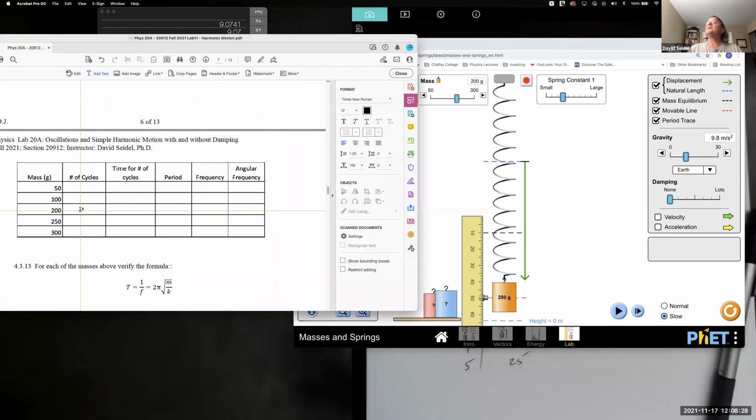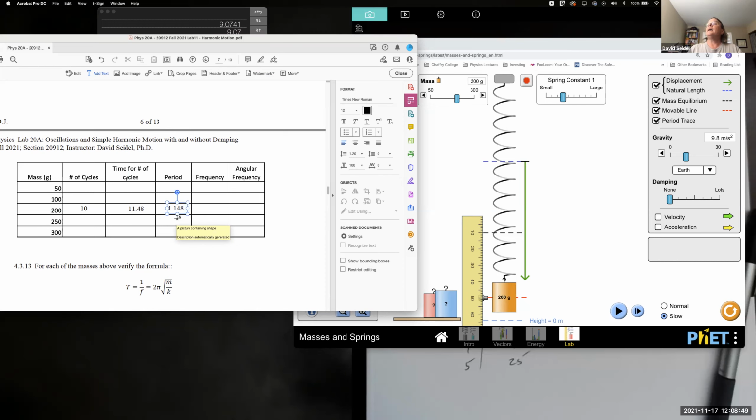So we did 10 cycles. The time for 10 cycles was 11.48 seconds. So my period is 1.148.